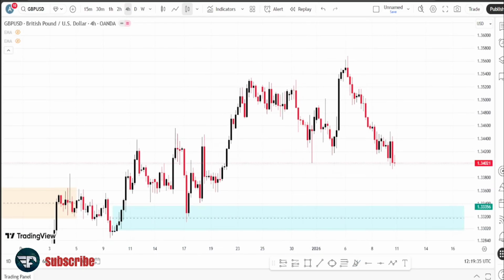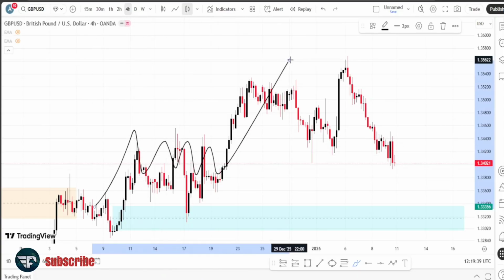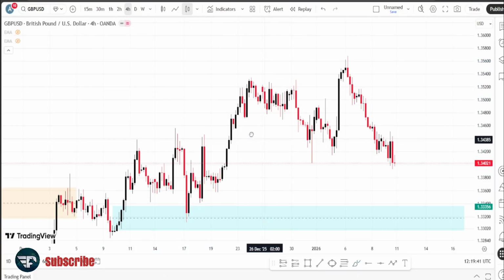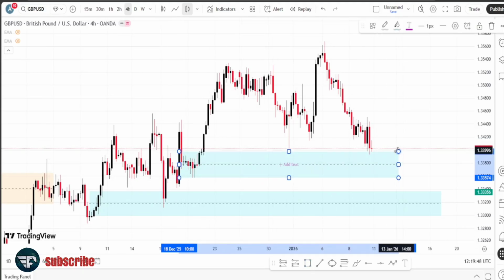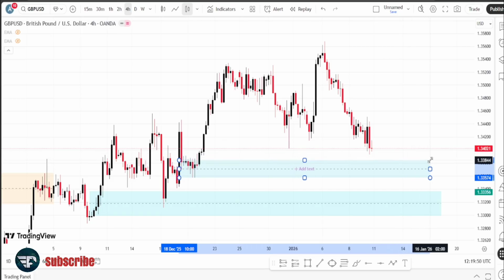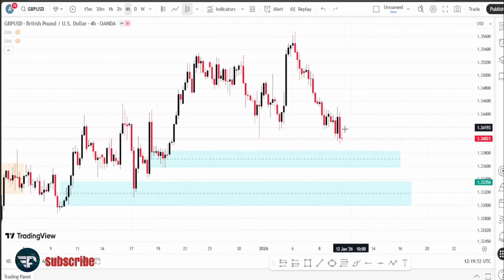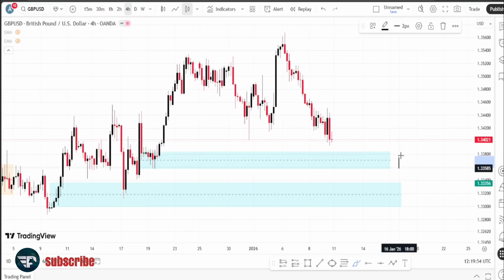Why am I saying that? We have a rally, we have a base here, rally. Okay, so rally, base, rally. Remember, so this area here becomes also a supply zone. We take the low, that is the zone there. Okay, becomes a supply zone. So what we are looking for is we have a supply zone 1, which is here, and we have a supply zone 2, which is here.